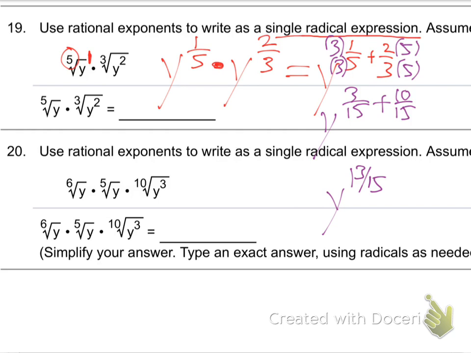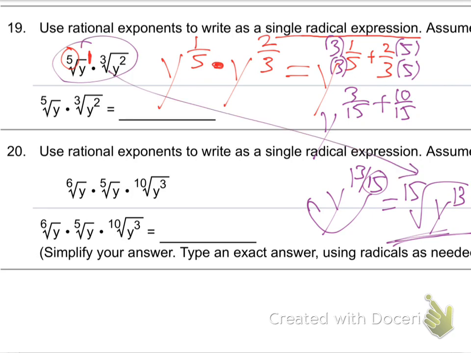But it's also a root. So y to the 13/15. They want me to make it back into a root. You know, where's the denominator go? Into the hook, right? 15th root, y to the 13. There it is. I combined those two roots into one root. See that?